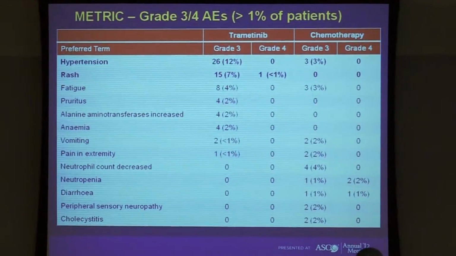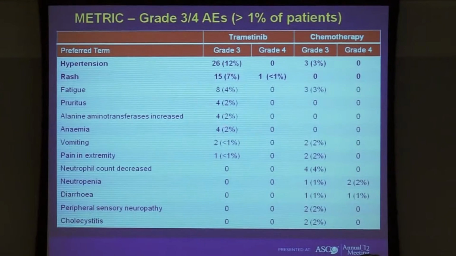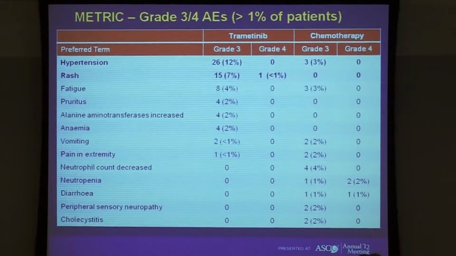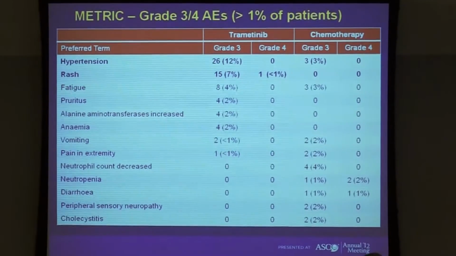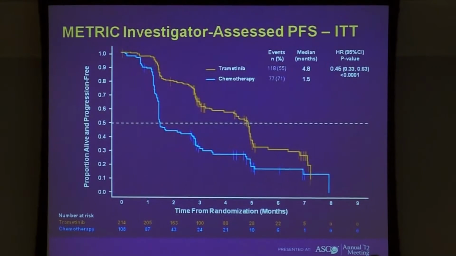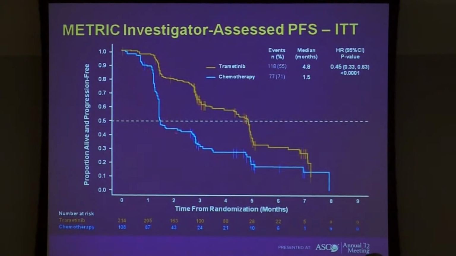But patients do get fatigue, itching, some liver enzymes, anemia, the things that you get with the chemotherapy were not seen with the MEK inhibitors. And the progression-free survival, the chemotherapy arm came out at 1.5 months, just like all the other studies.